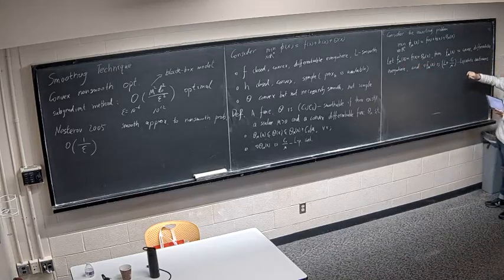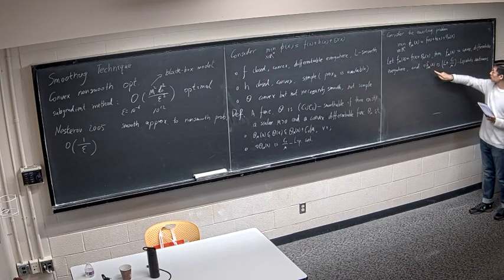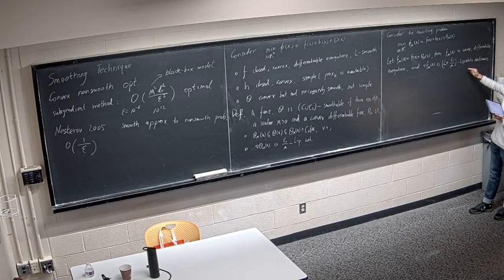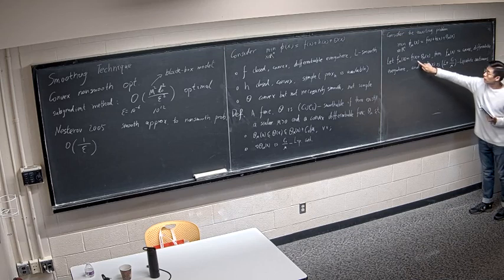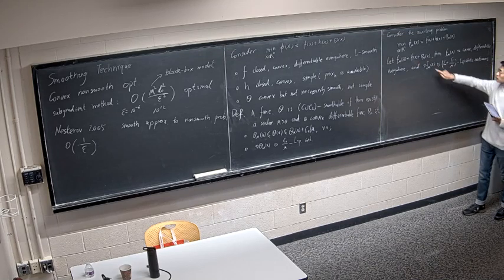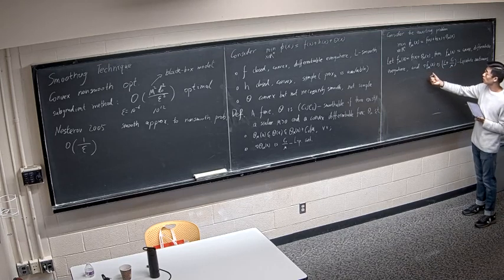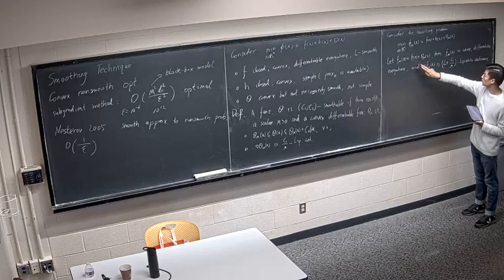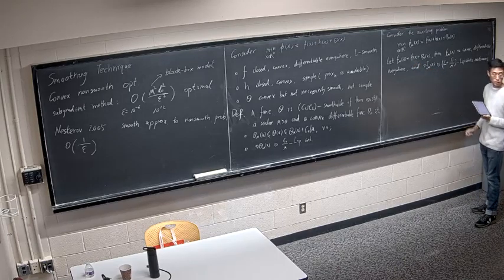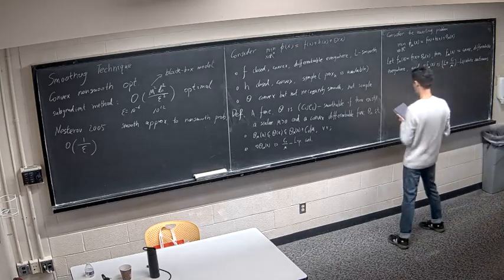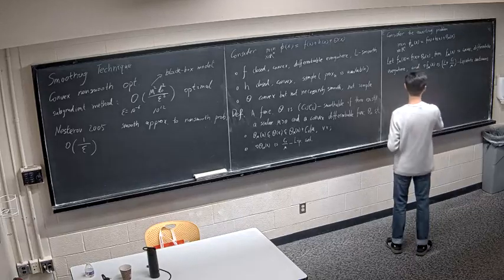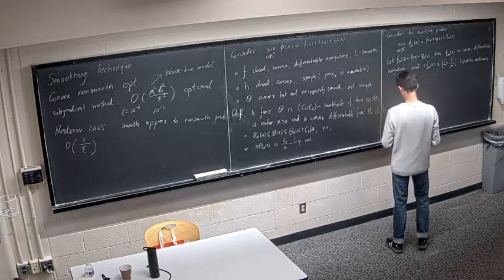This function is, of course, convex and differentiable everywhere, and the gradient is Lipschitz continuous because the f component is L Lipschitz continuous and theta mu is C1 over mu Lipschitz continuous, and the Lipschitz constant of the sum is just the sum of the two constants. It's upper bounded by this one.